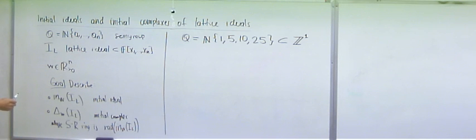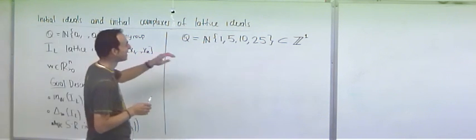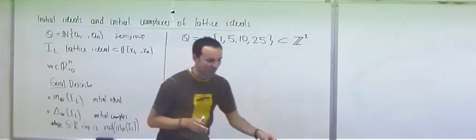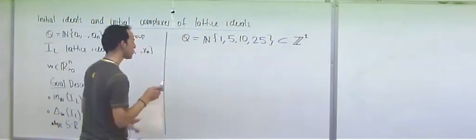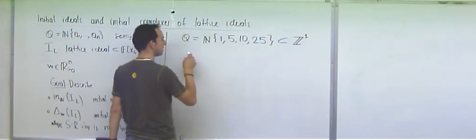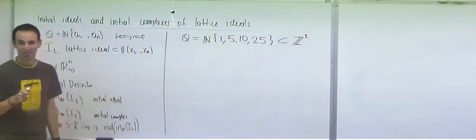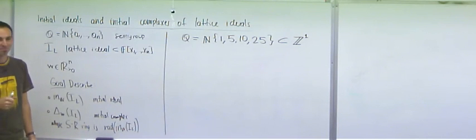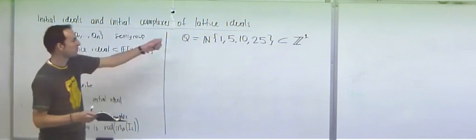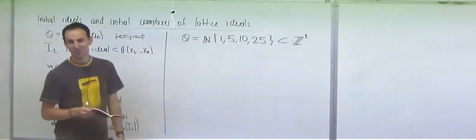So this sounds like a joke, but it's serious. You'll see that I have a point here. So this is my semigroup, okay? So what's the lattice ideal? Do you guys feel prepared to write the lattice ideal without writing the lattice? I mean, we always do this, right? First Q, then the lattice, and then the lattice ideal.